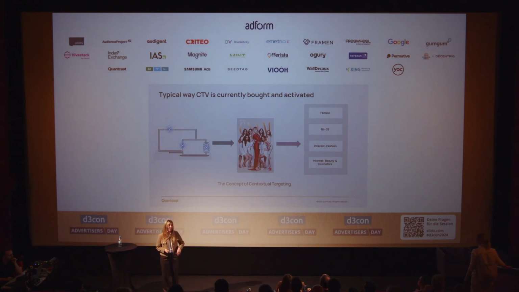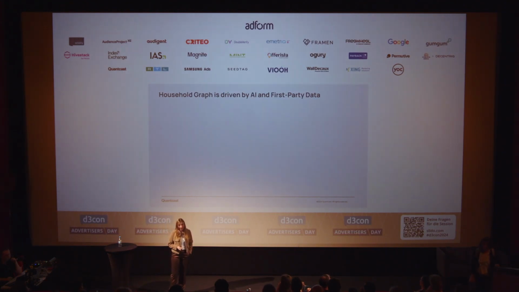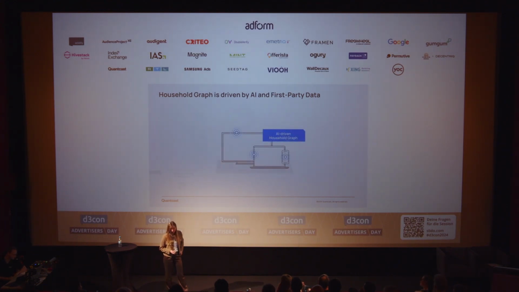Rather than planning it like that, think about working with a technology that can actually leverage AI and first-party data also in the CTV household graph. So inputting it with, for example, first-party data from your online browsing behavior, because that's where you're going to research. You're going to use your mobile phone, you're going to use your desktop to research your flights, your hotels, or whatever it is.